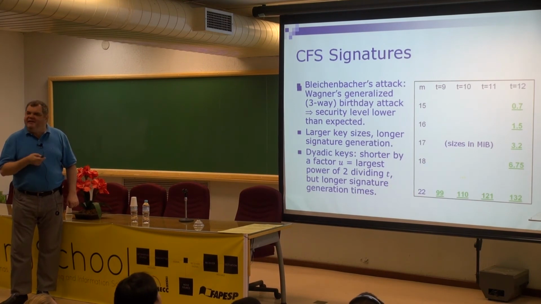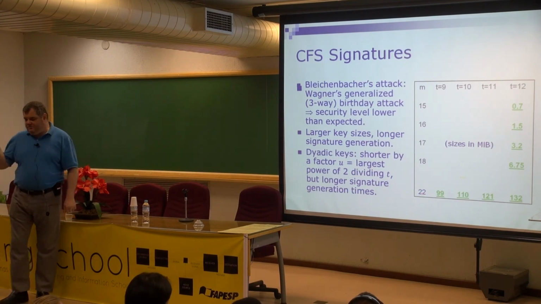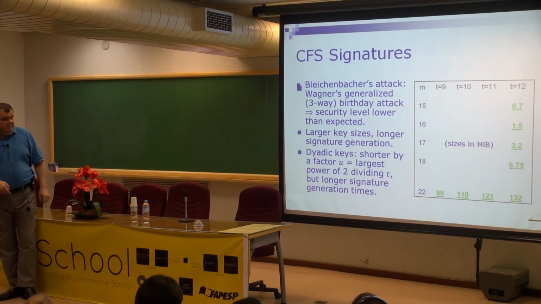I need something very fast. Okay, so t equal to 9 is 400,000 or so. Then m has to be 22. Your code will be 4 million bits long, and the key size will be 99 megabytes. And the security level will be 2 to the 80.